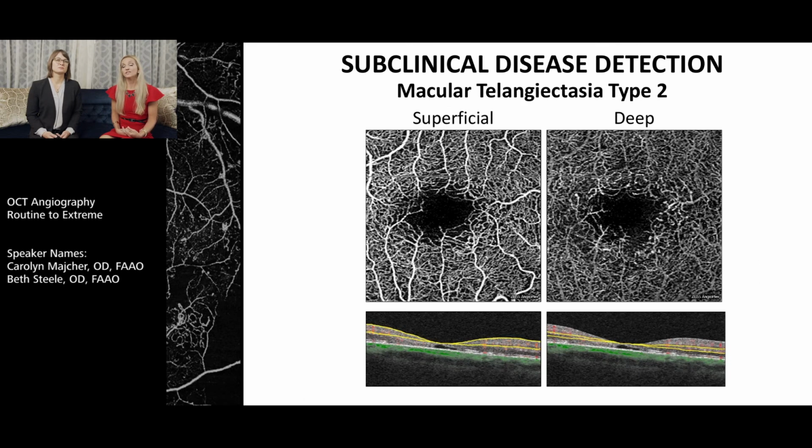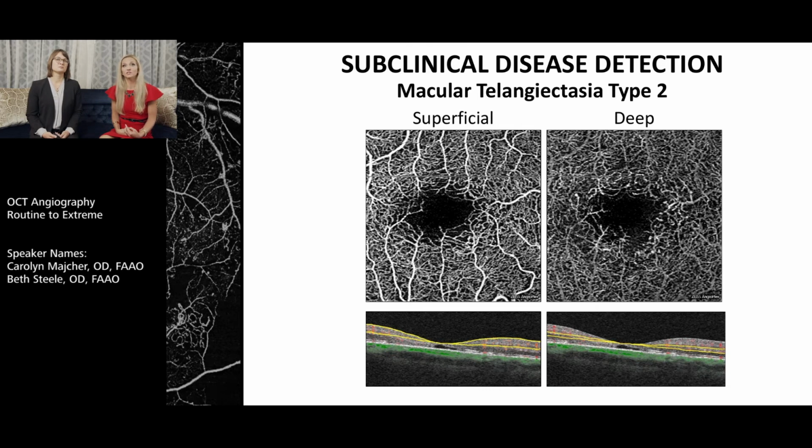Another application of subclinical disease detection is looking at early macular telangiectasia type 2. Macular telangiectasia type 2 usually onsets in about the 5th decade, causing slowly progressive vision loss in both eyes. And the early signs can be incredibly subtle vascular changes, usually occurring in the temporal region of the fovea and the temporal aspect of the foveolar avascular zone.